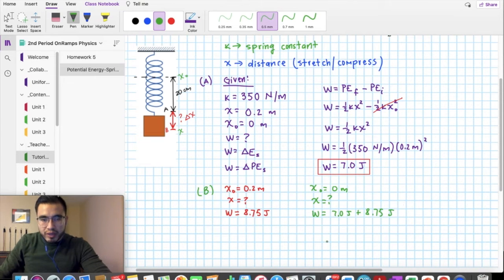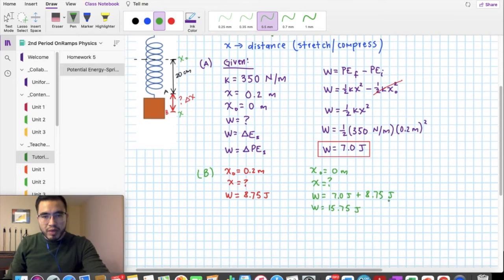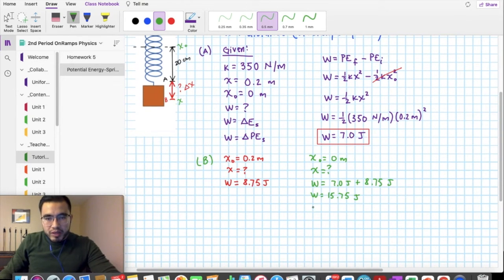That is the total work done, which will be 15.75 joules. Again, both of these work, but I think this is easier in the mathematics. You'll see why. And then I'll just rewrite my spring constant, which is 350 newtons per meter.